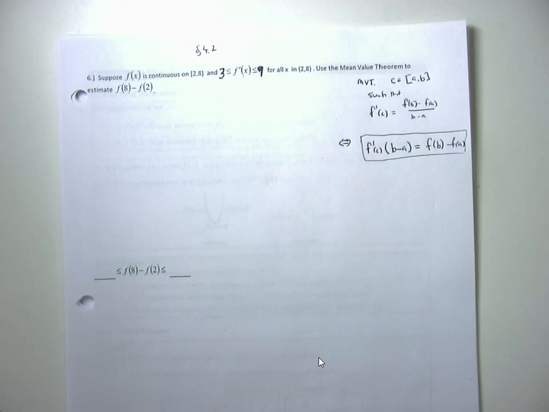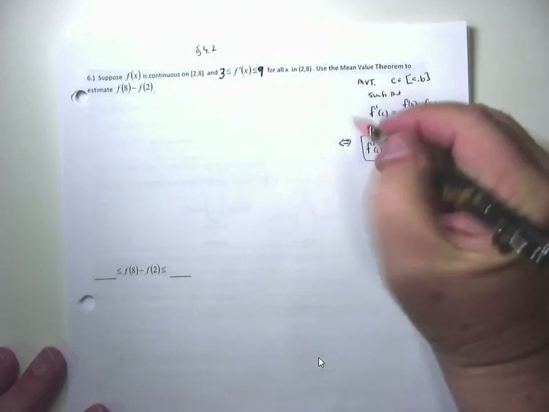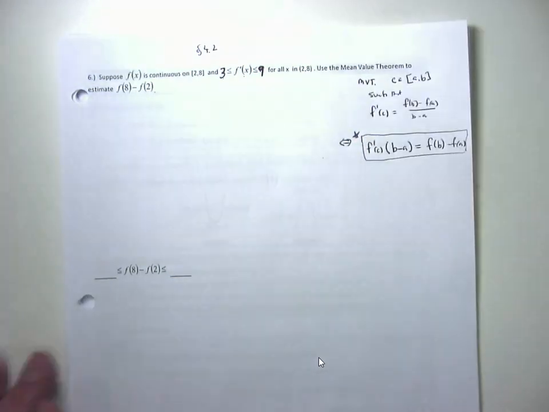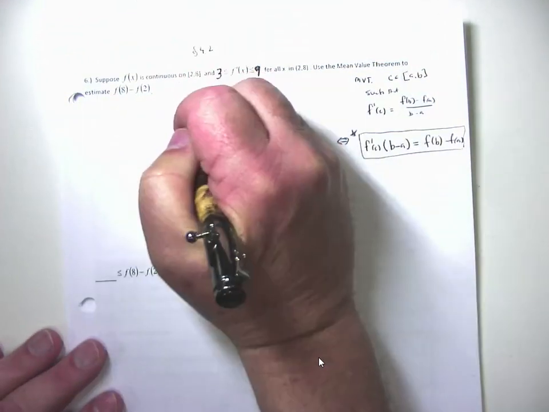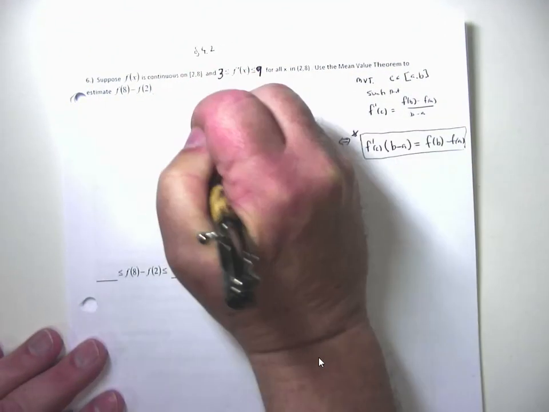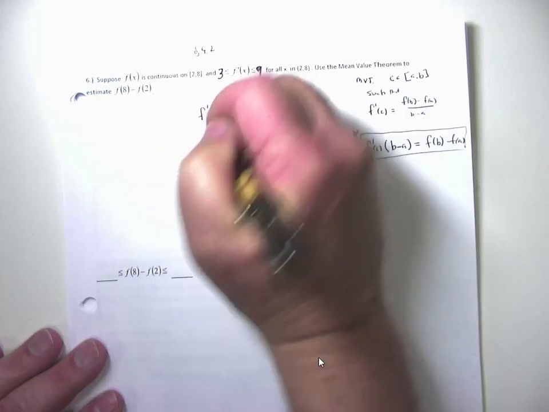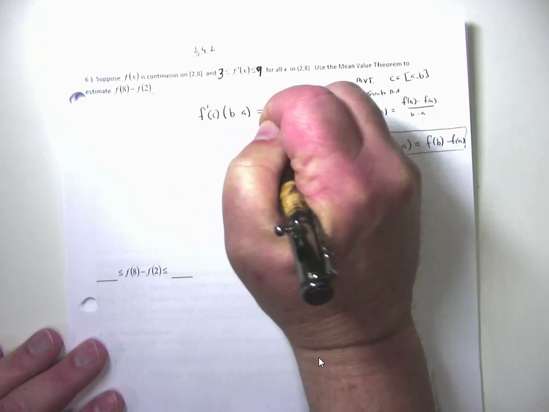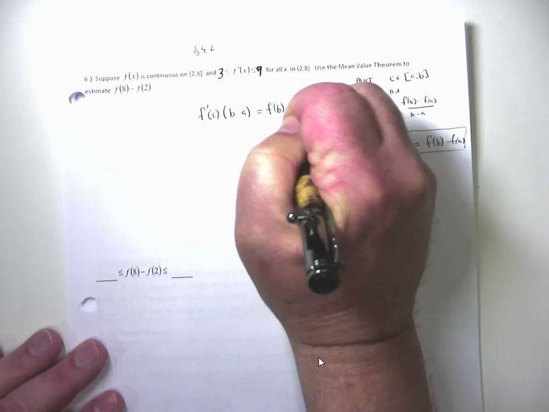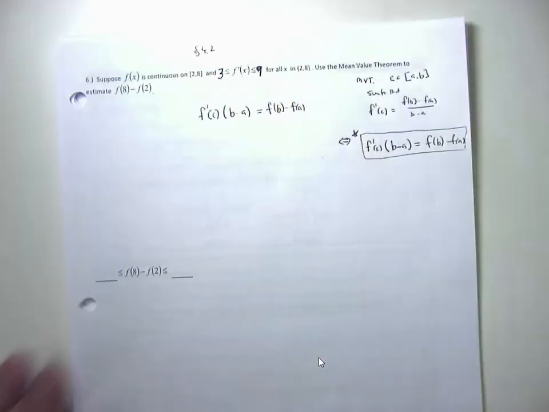All right, so here's the big deal on this particular problem. This is the formula that we're going to use from the mean value theorem to do this problem. We know that f prime of c times b minus a is equal to f of b minus f of a for some c in my interval.